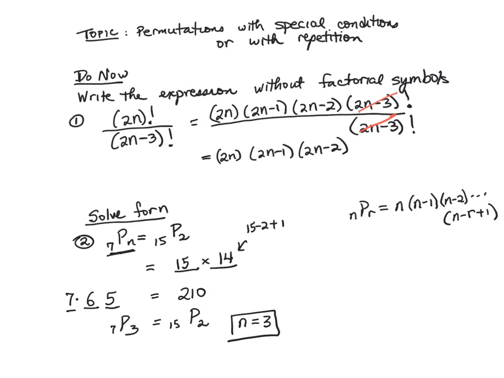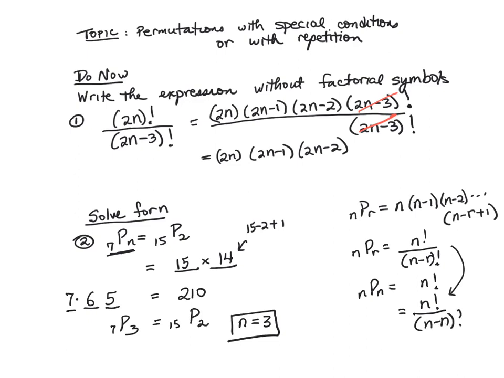Okay, let's just review another formula for nPr that we discovered was n factorial over n minus r factorial. And nPn, we said, is equivalent to n factorial. And if we substitute n for r in this formula, we get n factorial over n minus n factorial, which would introduce a 0 factorial.